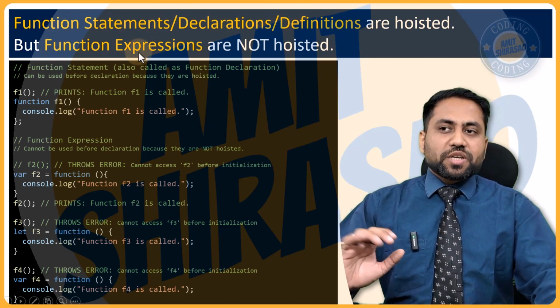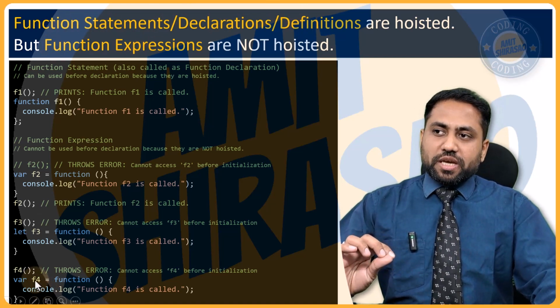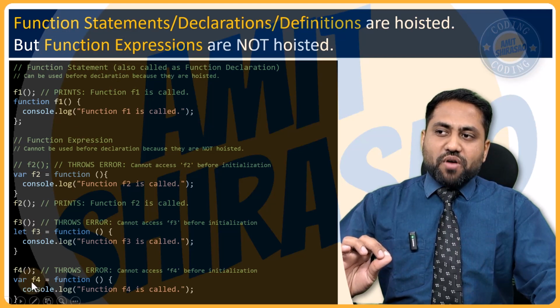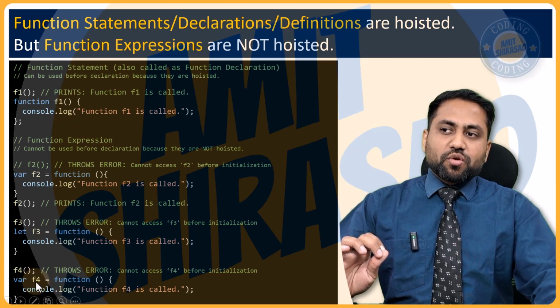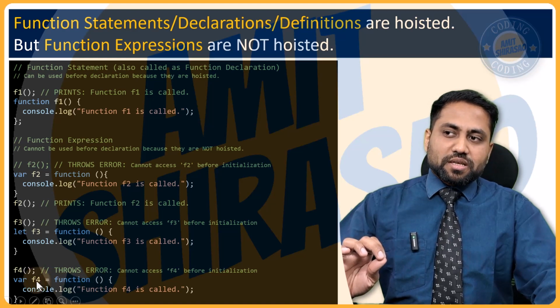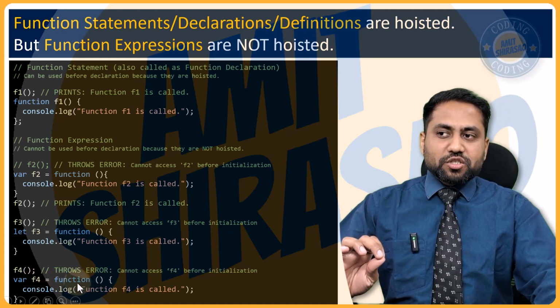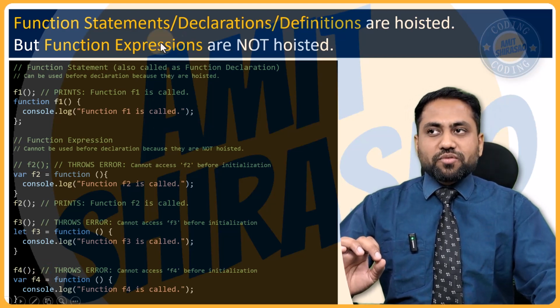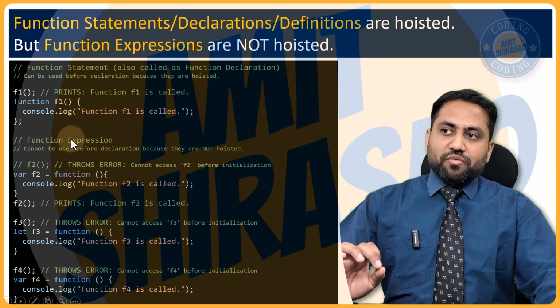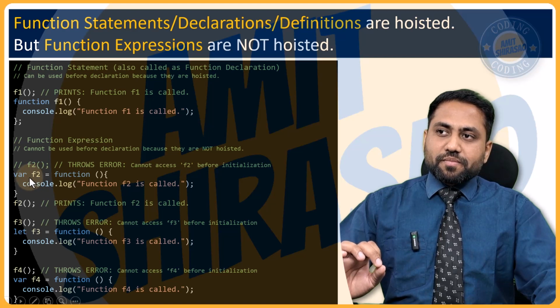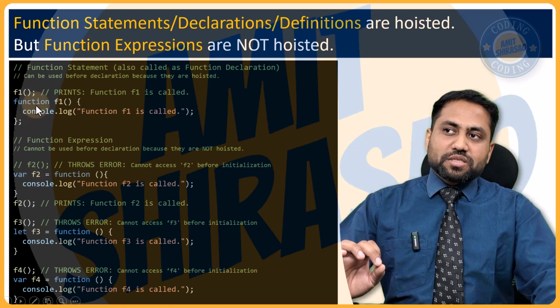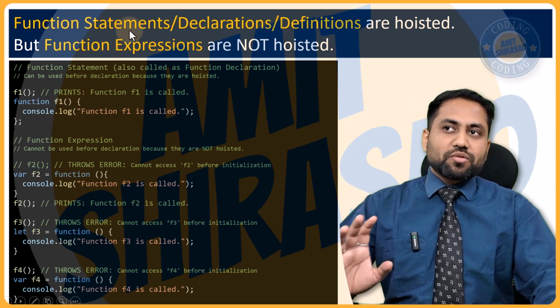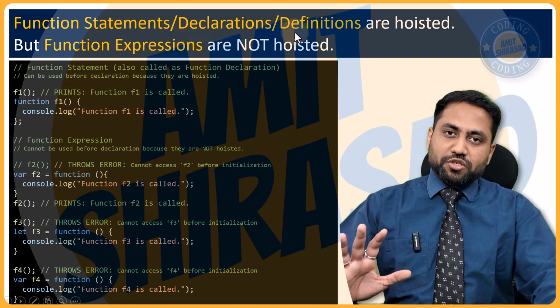What is a function expression? So whenever you say variable f4 equal to this function, whenever you create a function and you assign it to a variable, then that is called a function expression. Whereas here, if you just create a function like this, then it is just called a function statement or function declaration or function definition.